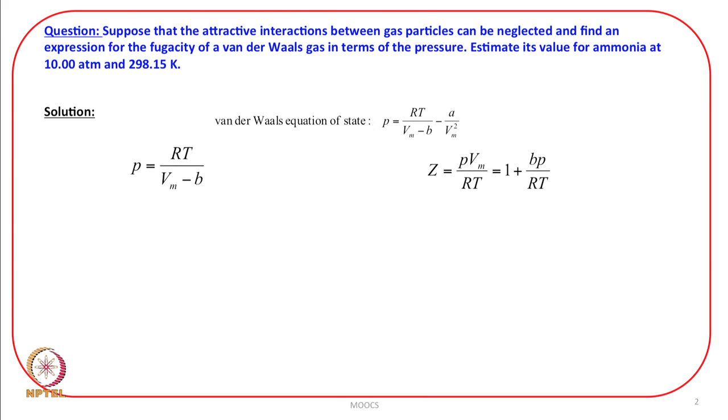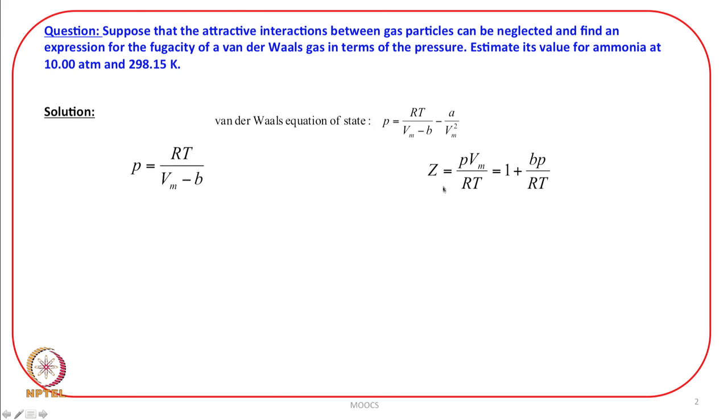In order to evaluate the fugacity coefficient or fugacity, we need the information on the compression factor Z, where Z = PVm/RT. If you manipulate P = RT/(Vm - b), rearranging to get PVm/RT, you will see that Z turns out to be equal to 1 + bP/RT.